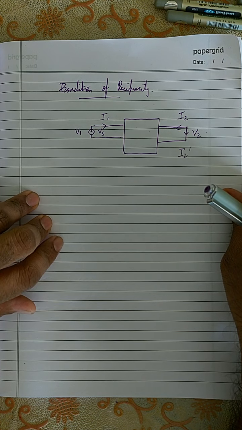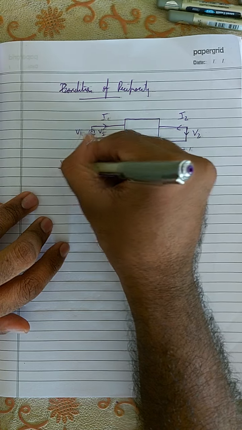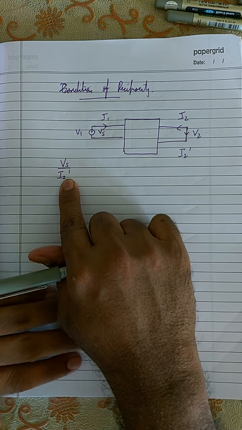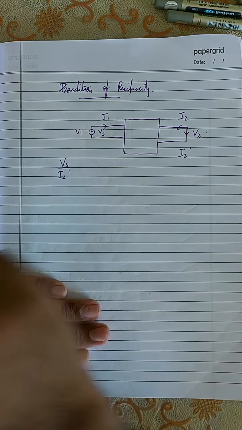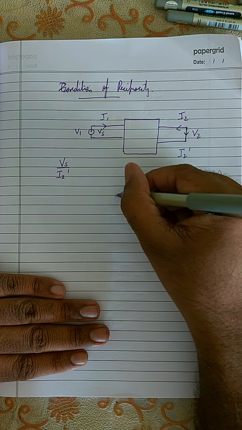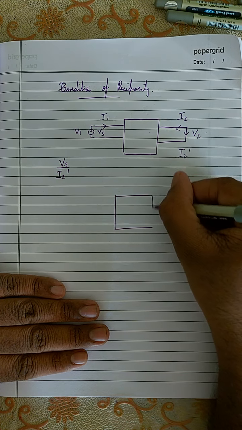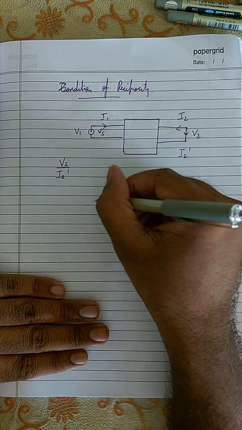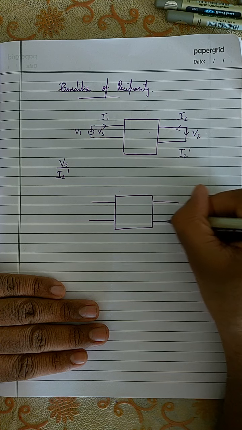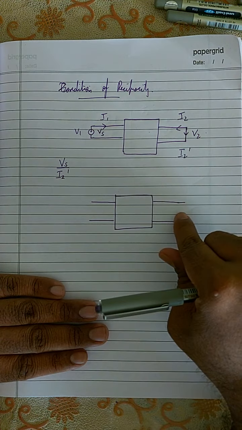Then I'm going to find the ratio of Vs by I2 dash. Next, I'm going to take the same network with the same two ports, and this time I'm going to connect the same voltage at port 2.